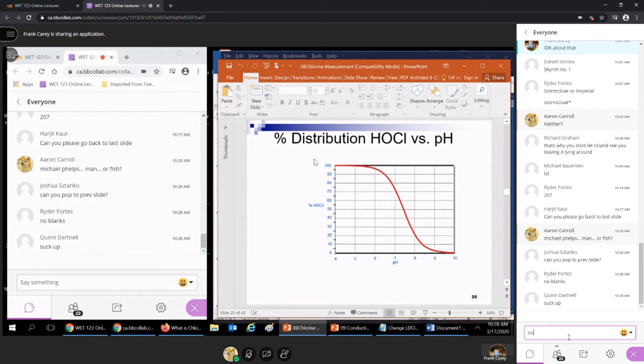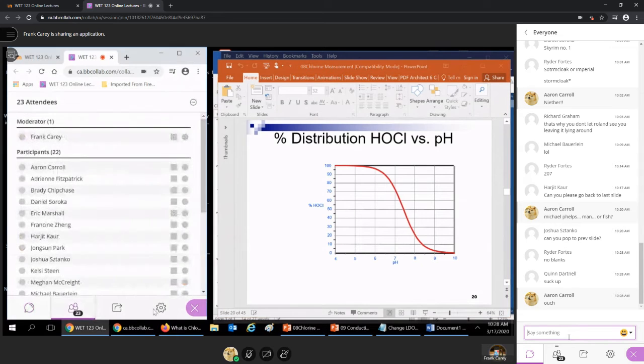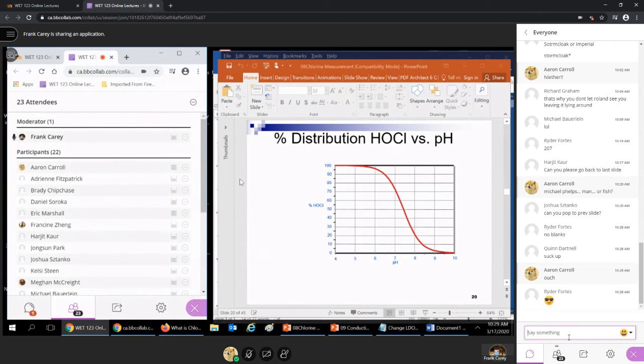So you've probably never heard this from Dave, that he has said that pH is important. I mean, obviously, it could not possibly matter as much as a transducer breaking down or something. But anyways, this is just a distribution of HOCl versus pH.